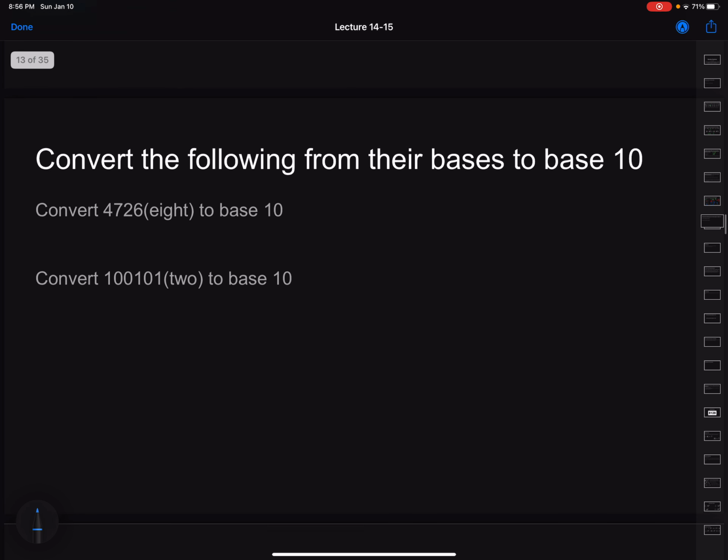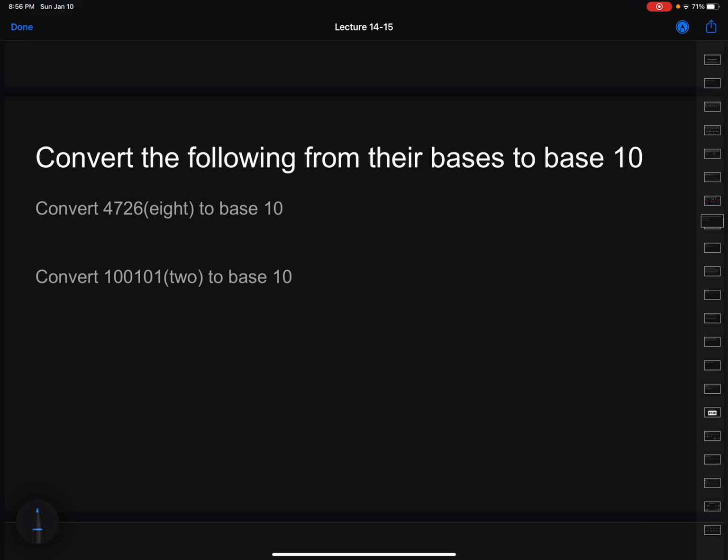So our first question is, convert the following from their bases to base 10. So we have the number 4726 in base 8. So let's set it up first.